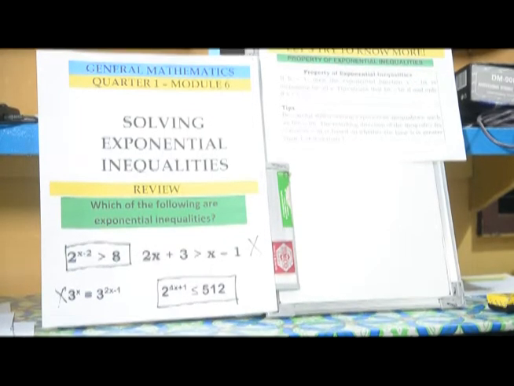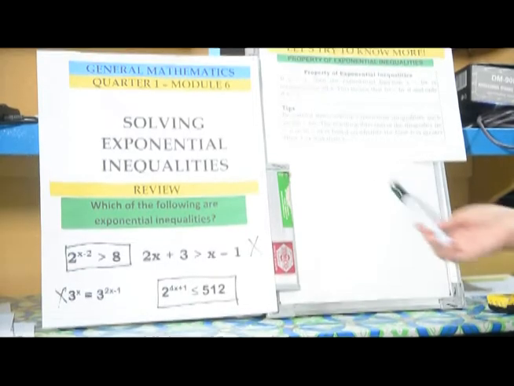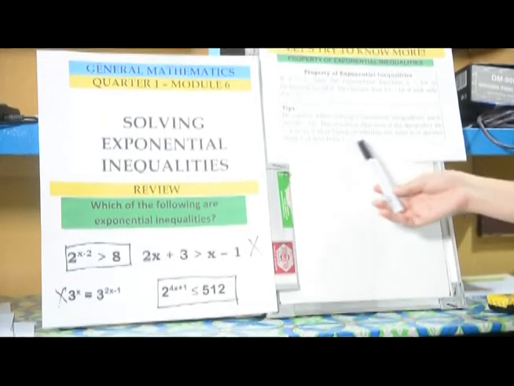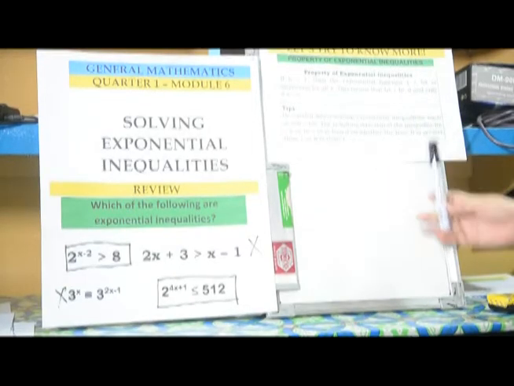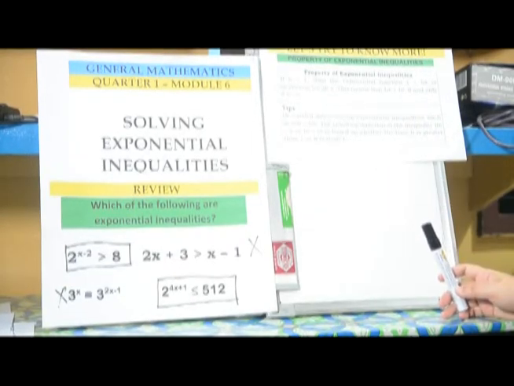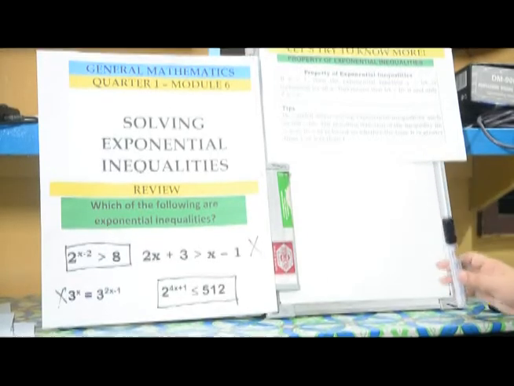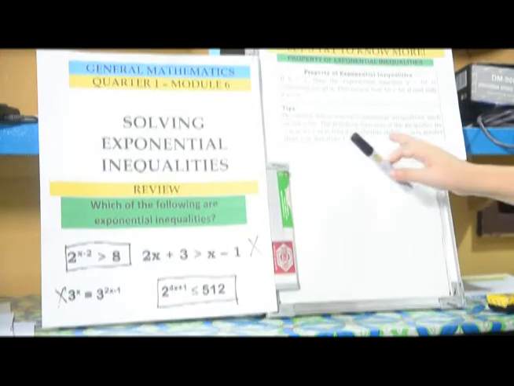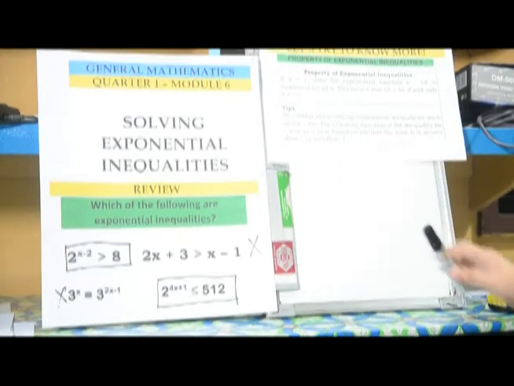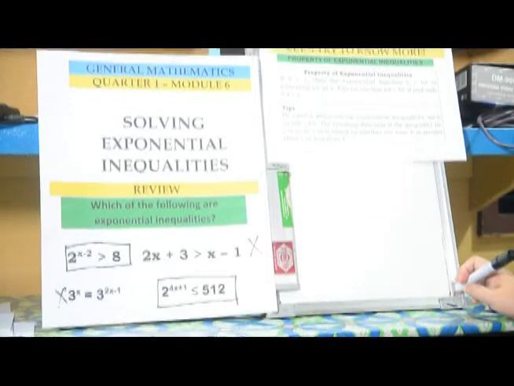So we always have to look at the base: if the base is greater than 1, the inequality symbol remains. But if the base is less than 1, then you have to reverse the inequality symbol. Okay, so let's try to know more.